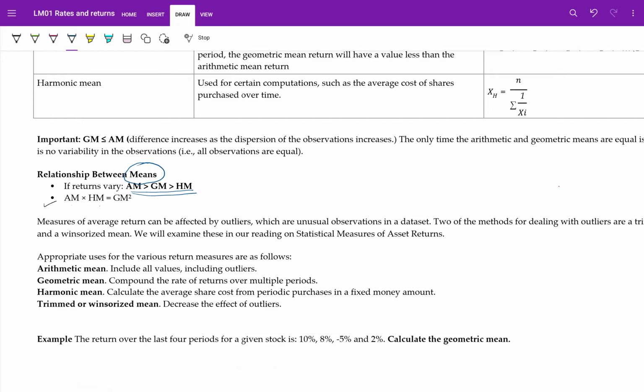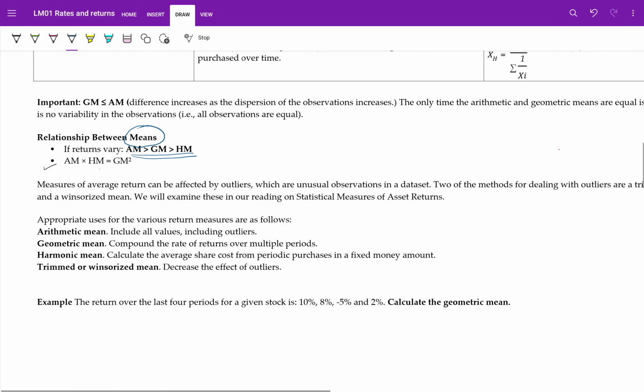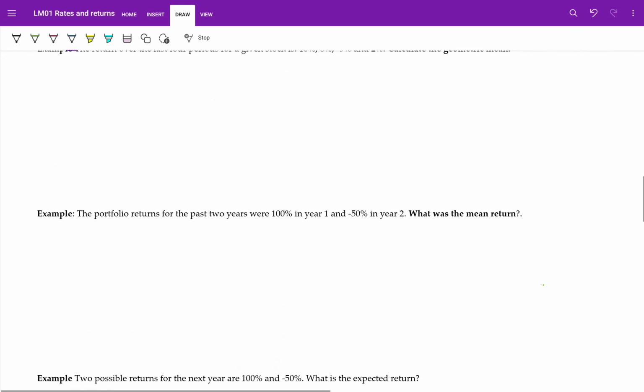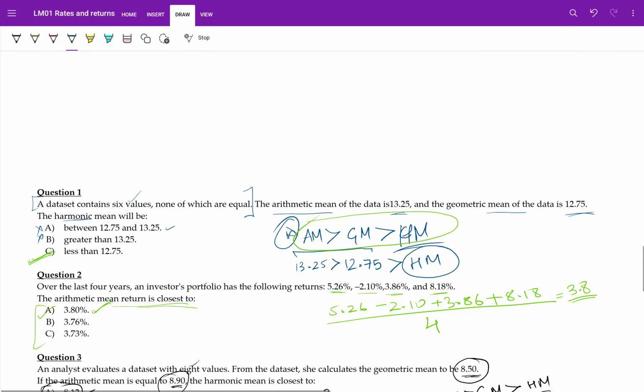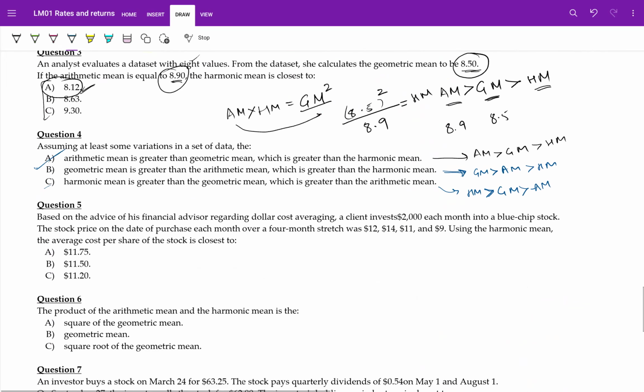I will try to make it a little more holistic, so that we can connect where it will be used and how we are going to apply this in practice. So this is our relationship where arithmetic mean is greater than geometric mean, and geometric mean is greater than harmonic mean. If you look at our question, option A is the correct option.